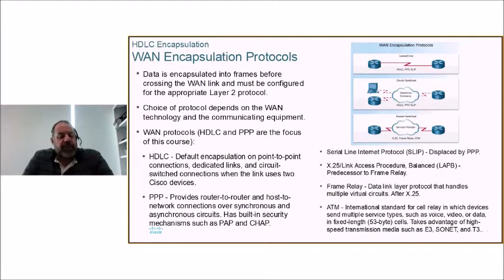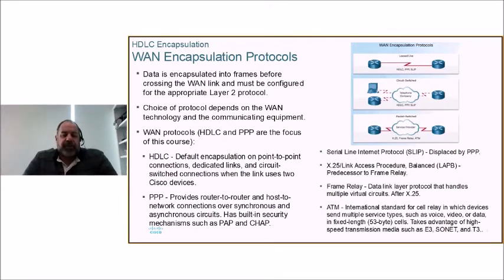It's the default encapsulation on Cisco routers on point-to-point connections, dedicated links and circuit switch connections when the link uses two Cisco devices. Now, HDLC is a standard, but it had some missing features, and so many vendors have added to it, and of course that makes it non-standard, Cisco included.